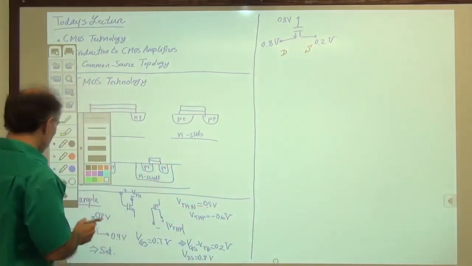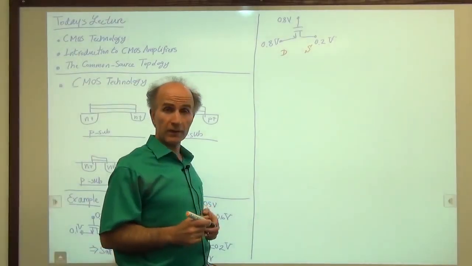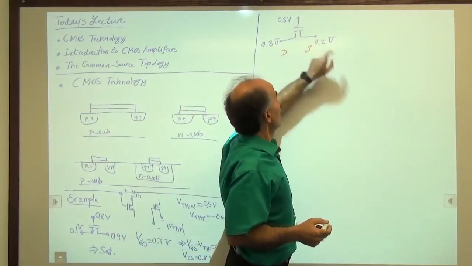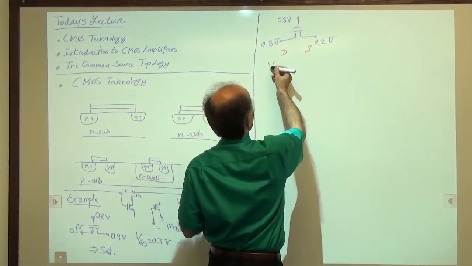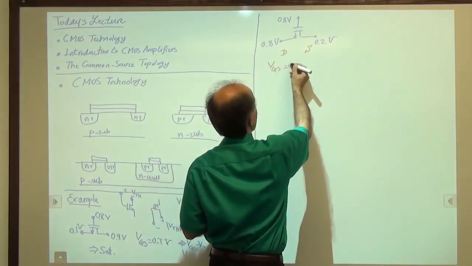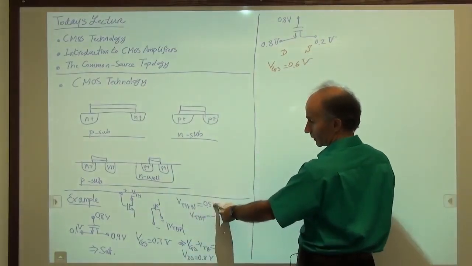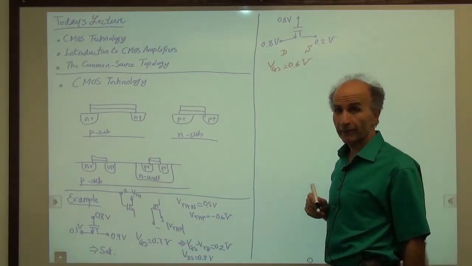Okay, so now let's ask the same question again. Is the device on or is it off? It is on because the gate-source voltage is 0.6 volts. So VGS is equal to 0.6 volts, greater than the threshold, so the device is on. And which region of operation do we have?